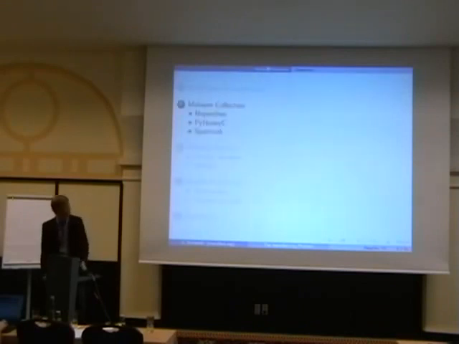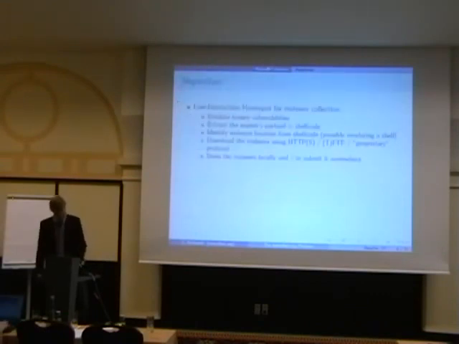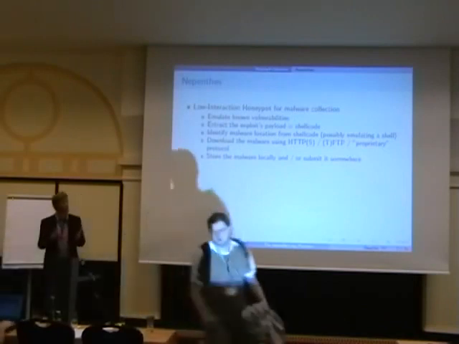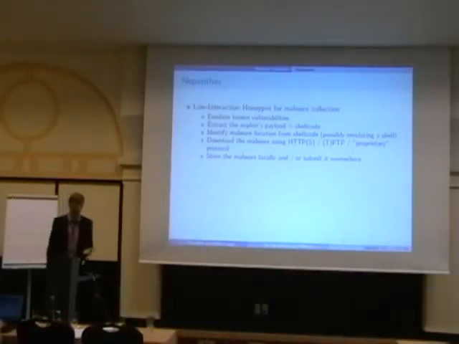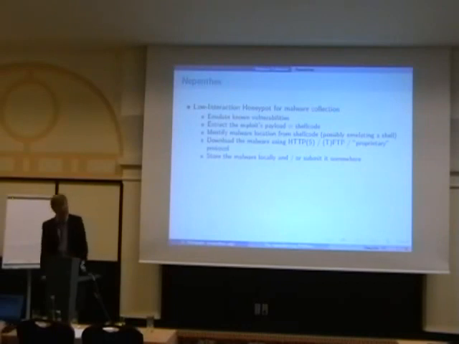The first step is the malware collection, and there are several tools to do this. I'm going to briefly outline how they work. First of all, there's Nepenthes, a low interaction honeypot, which works by emulating known vulnerabilities. For example, we have the LSASS exploit. There are some public exploits for it, and we just look at the source of these exploits or the information about the vulnerabilities and write a module to emulate them.